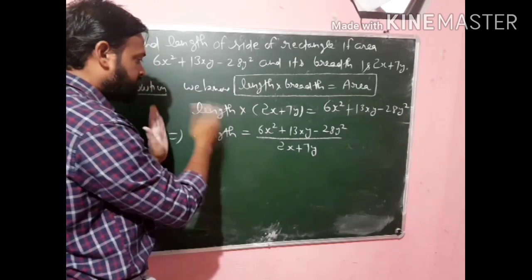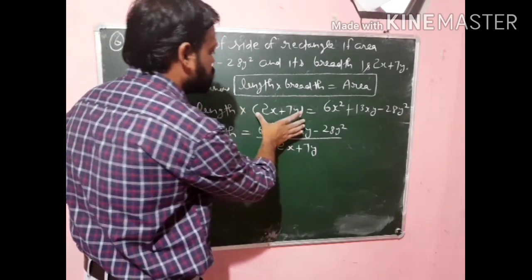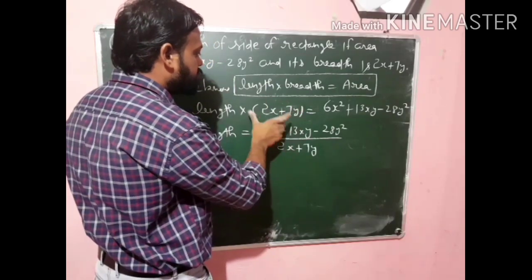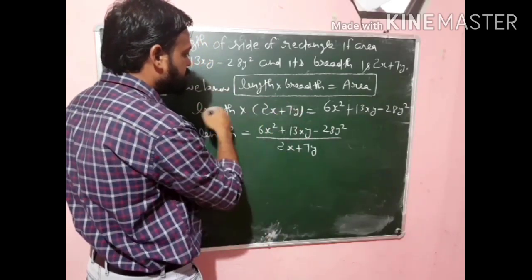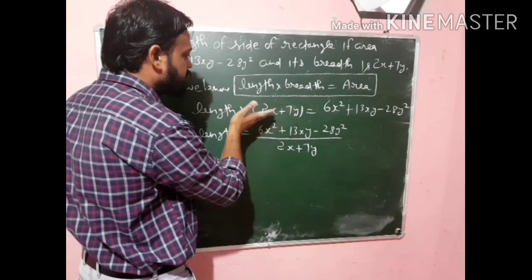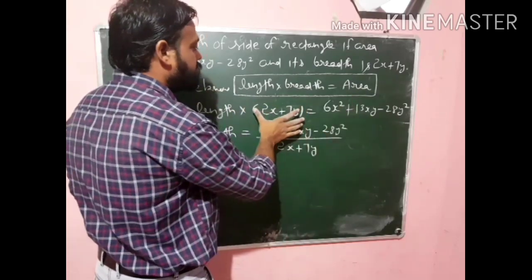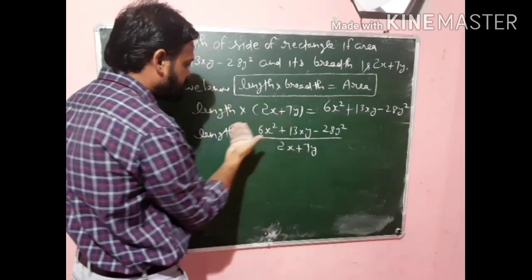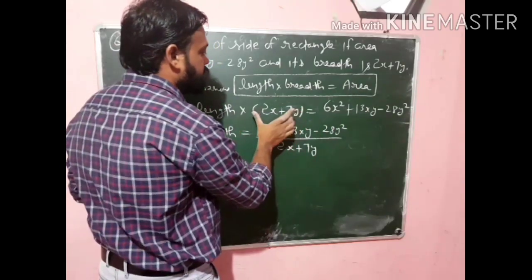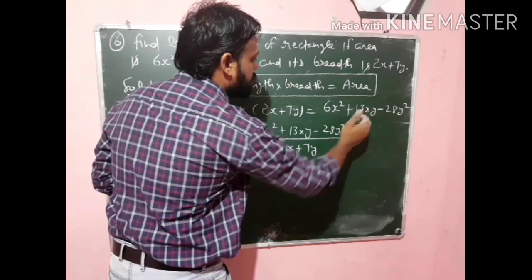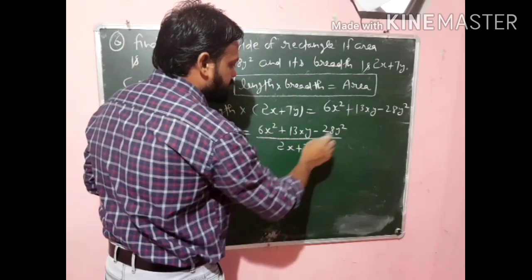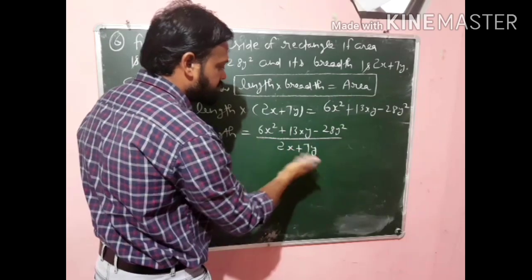Take the length on one side and take this value to the other side. Since it is in multiplication, it is in the numerator, and when we take it to the right hand side, it will go into the denominator. So in the next step, length is equal to 6x square plus 13xy minus 28y square over 2x plus 7y.